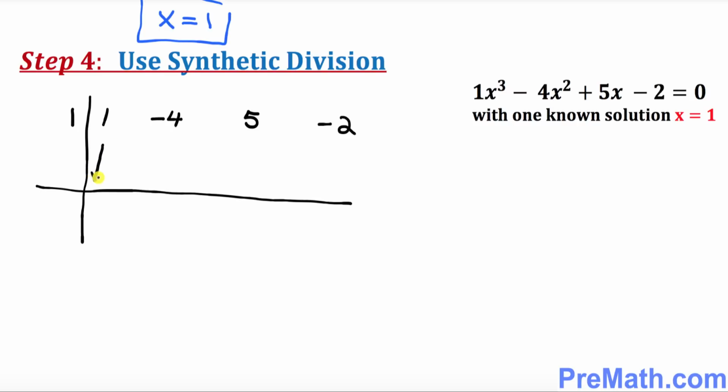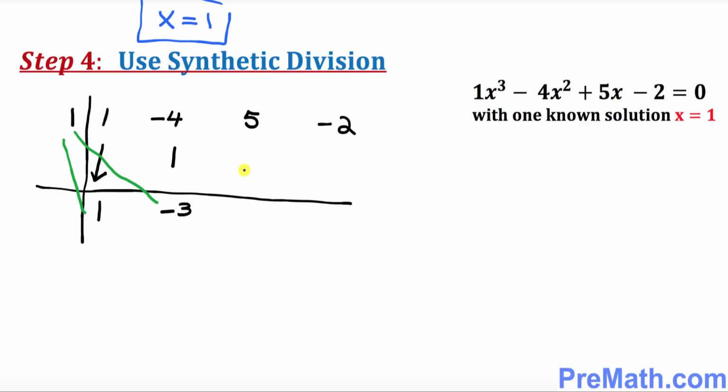So you just put down 1 as it is right up here. Then the next step, I want you to multiply this with this one. 1 times 1 is 1. I want you to put it down over here. Add -4 plus 1, which is -3. Once again, you multiply this one by -3.